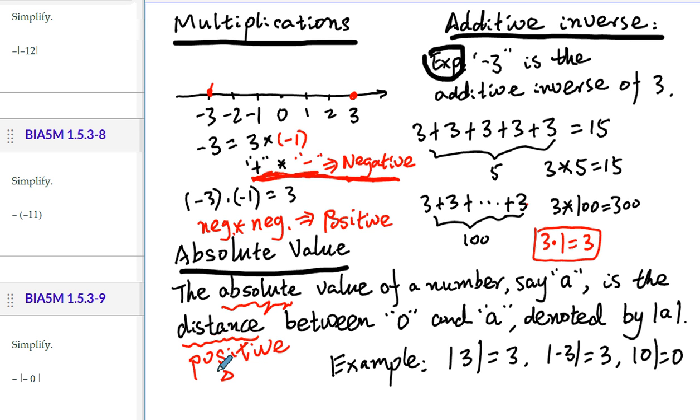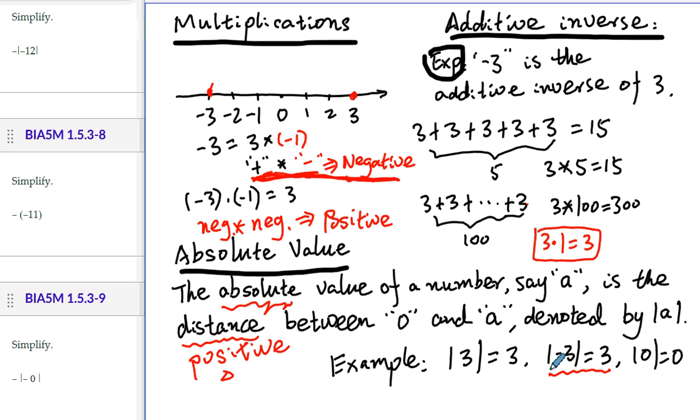All the time positive. So absolute value of negative 3 is positive 3. Of course, the distance between negative 3 and origin, you can see 1, 2, 3 units. So is 3. The distance between positive 3 and 0 is 3 units. So that's why those two are equal. Absolute value of negative 3 is 3.